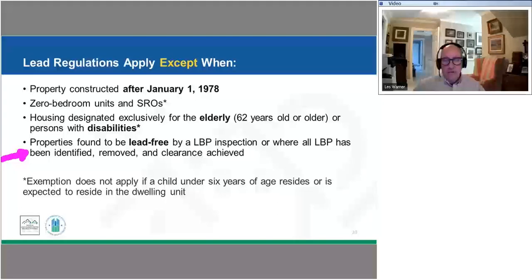So if we go through our exemption list and are able to document that, then we won't have to go through our process on the visual assessment or our risk assessment for these properties. Otherwise, we need to have a plan of action to be following those requirements.